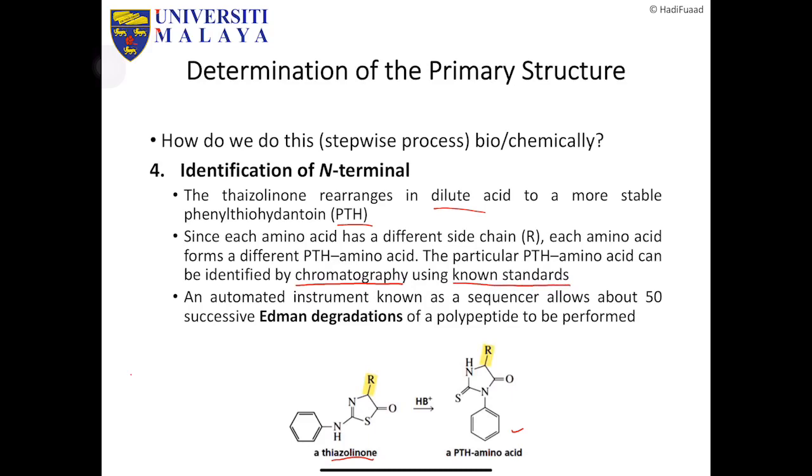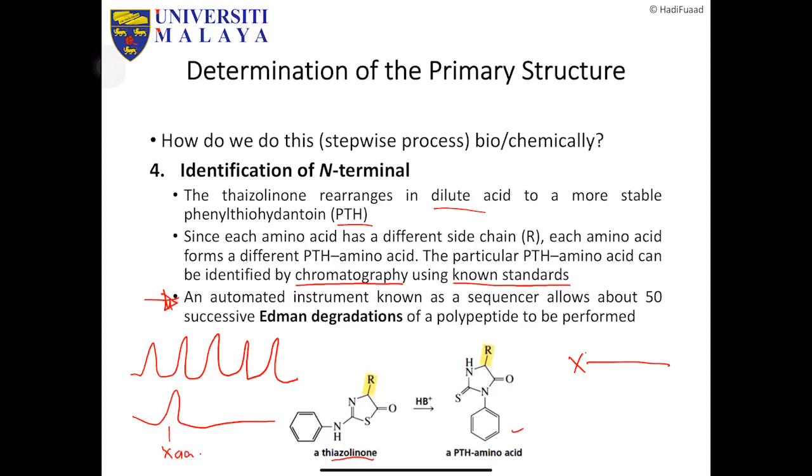It's a similar case as previously, where you have a peak of standards, and then you run your PTH amino acid, then you know that okay, this PTH corresponds to X amino acid. So then you know your polypeptide chain has an X amino acid as the first amino acid at the N terminal. So you can actually automate this system and digest one amino acid at a time, and finally you can know the exact sequence of the polypeptide.